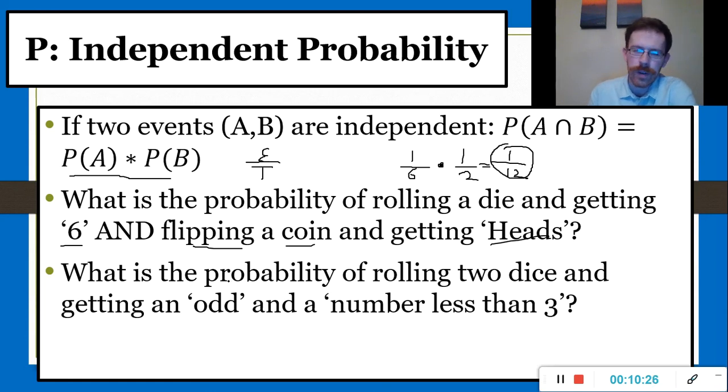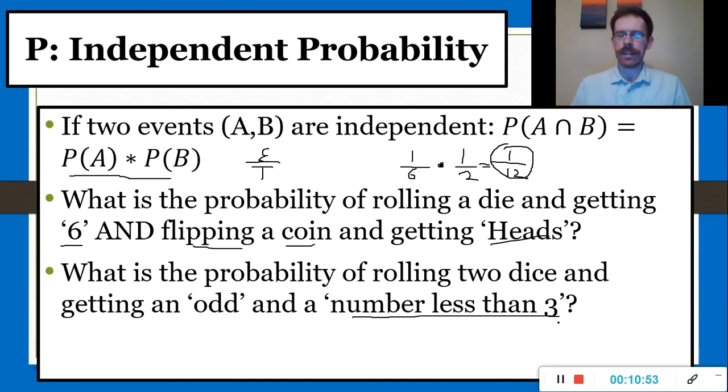Now, let's see how that's different from this one. Oh, it looks like we're doing two of the same event, but we're rolling 2 dice with different conditions. Probability of rolling 2 dice and getting an odd number and a number that is less than 3. Now we would consider this to be an independent probability because the 2 dice are acting independently and they have different conditions.